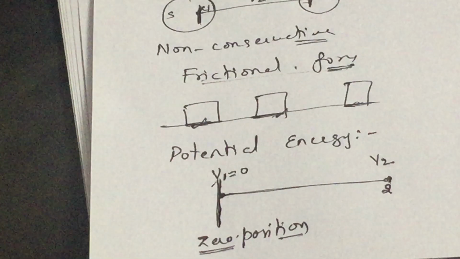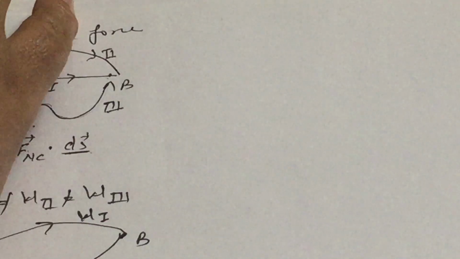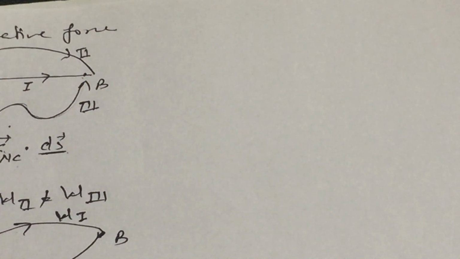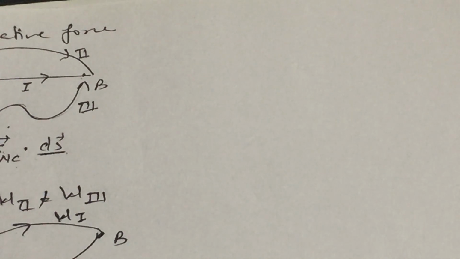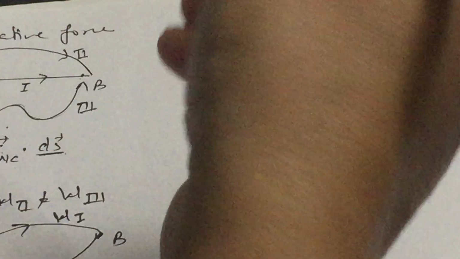But there is no position in the universe where the potential energy of the particle is 0. Only to calculate the potential energy of the second position, we consider that the first position is the zero potential energy position. Again, energy is work, work is energy.